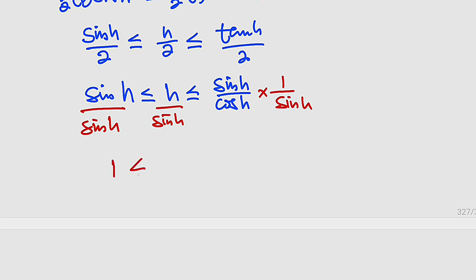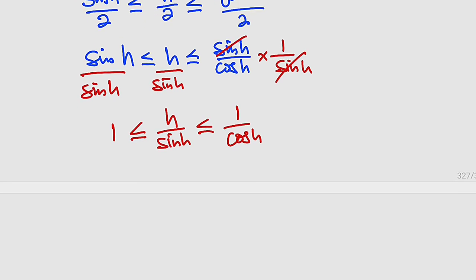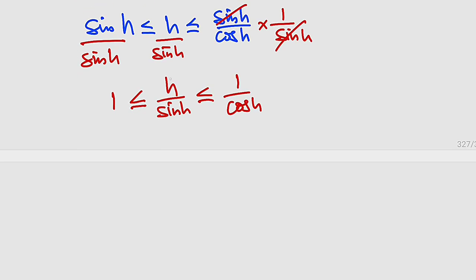We have 1 less than or equal to h divided by sine h less than or equal to sine h will cancel sine h, so we have 1 over cosine h. So we are going to take a reciprocal of every single term here because we are looking for sine h over h, not h over sine h. So reciprocal of 1 is 1. And by taking reciprocal, the sign of the inequality will change.